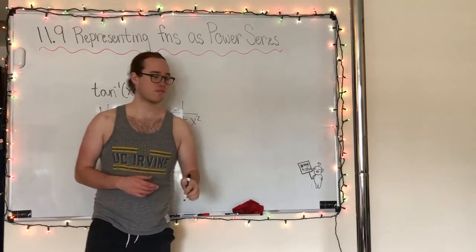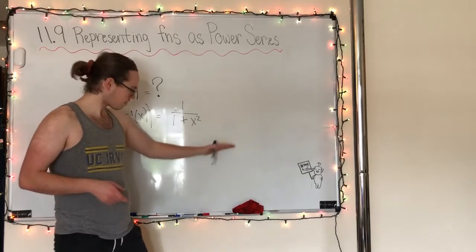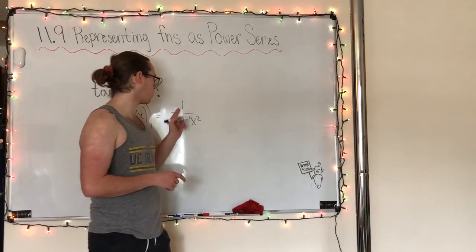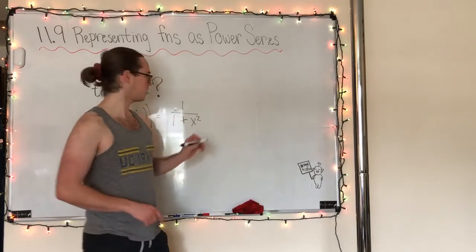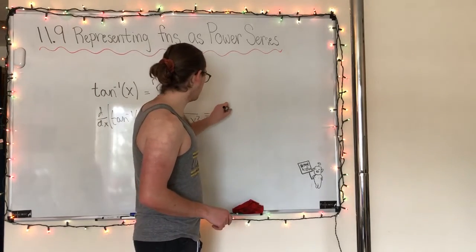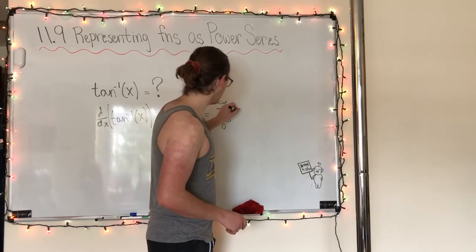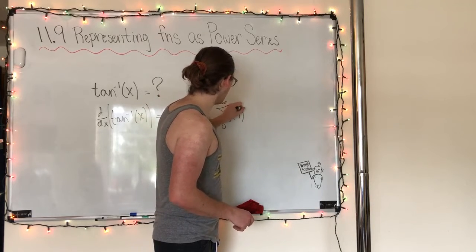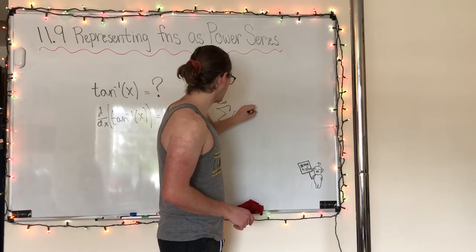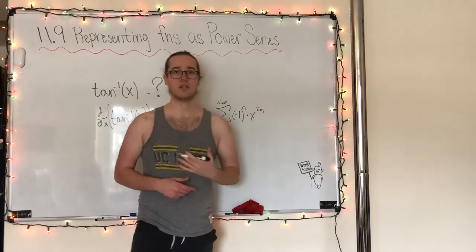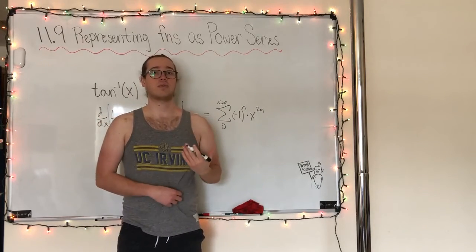Where have we seen that before? We've seen it about 5 minutes ago when we were trying to represent 1 over 1 plus x squared as a power series. This is equal to the sum from 0 to infinity of negative 1 to the n times x to the 2n. And this is going to converge when the absolute value of x is less than 1.